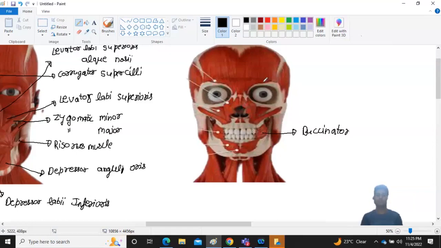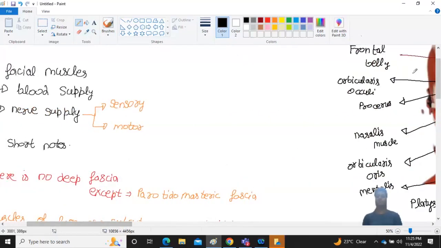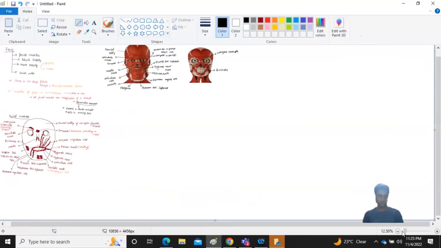So these are the muscles after removing the platysma. We can write the name, corrugator supercilii. Done. So these are the muscles of the face. Next, we are starting the blood supply of the face.